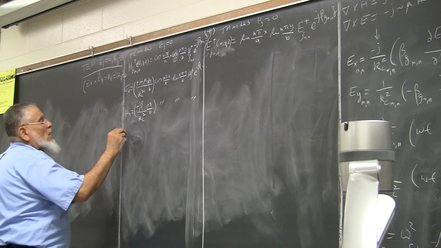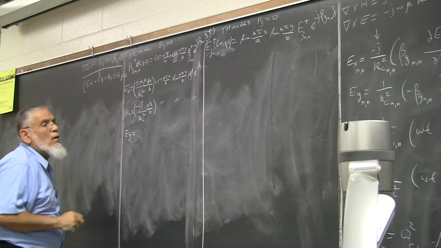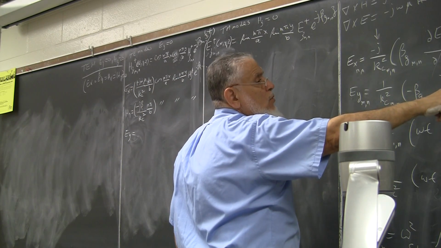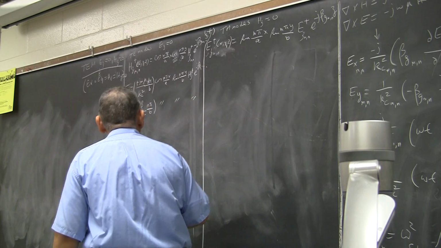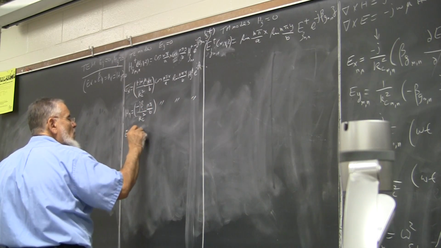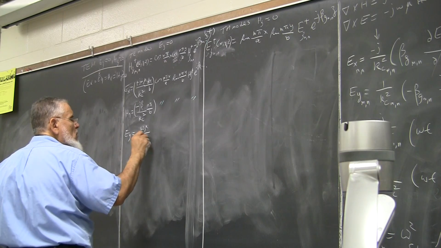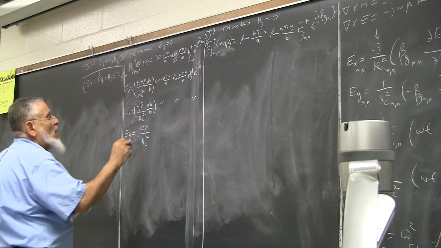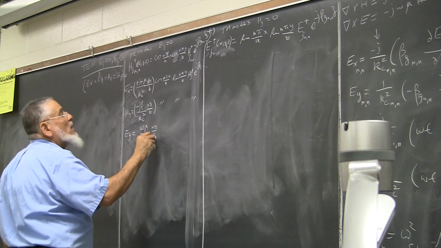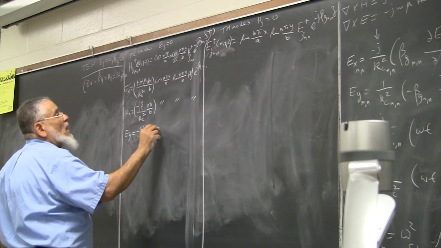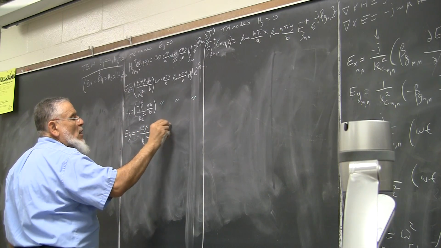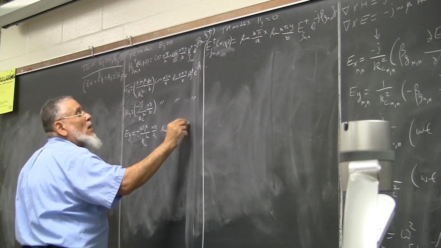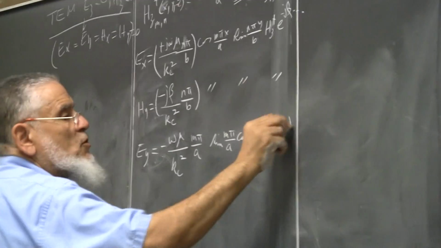Let's next write the Ey. So I go to the Ey and I have omega mu over k sub c squared. And I have the derivative with respect to x, so I have m pi over a. And again a minus, and I have now sine m pi x over a, cosine n pi y over b, Hz plus e to the minus j beta z.